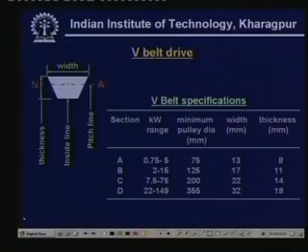Please look at this figure. A V belt drive means the look is something like a V. Now, this is the wedge angle.